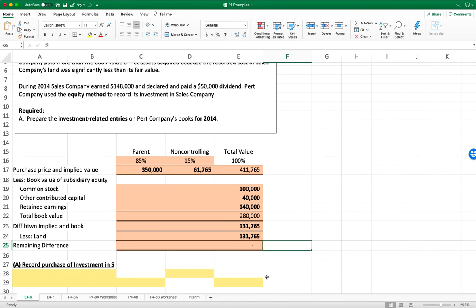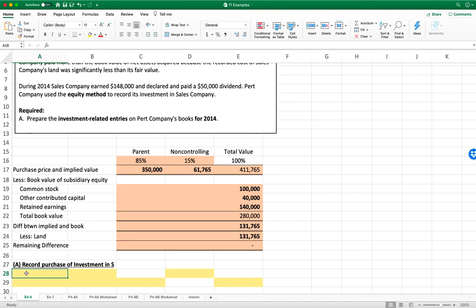So now we can get down to the task they've actually given us. What they want us to do is take a step back from consolidation, a step back from our eliminating entries, and think about what the parent company is recording on their general ledger. For that, we're going to use these yellow entries, which are showing us that we are making these entries in the parent's general ledger.